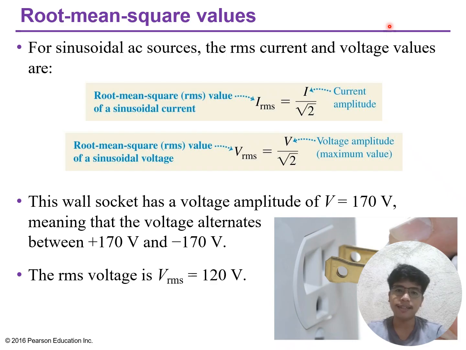When an appliance specifies 120-volt voltage, it refers to the RMS voltage, not the peak voltage. And all power calculations use RMS current and voltage to determine energy consumption. Understanding this relationship between peak amplitude and RMS values is essential for practical electrical work and safety.